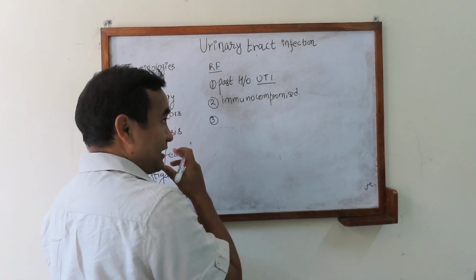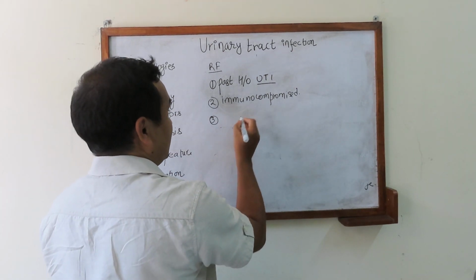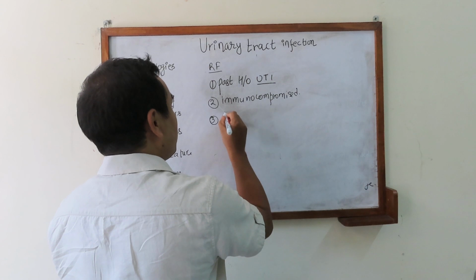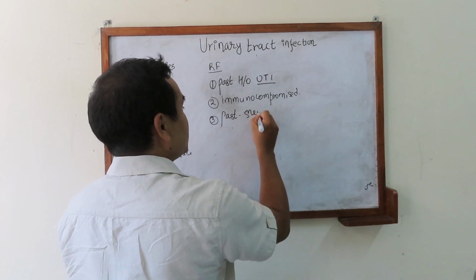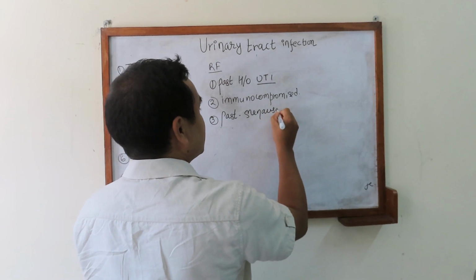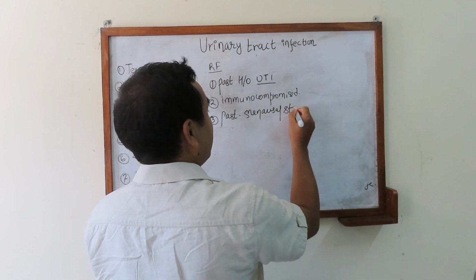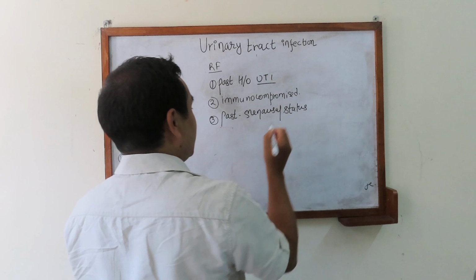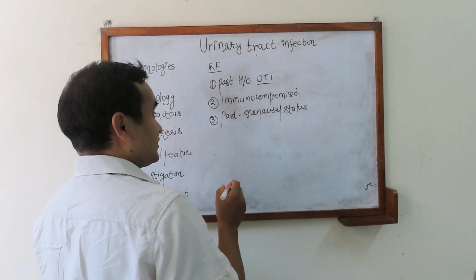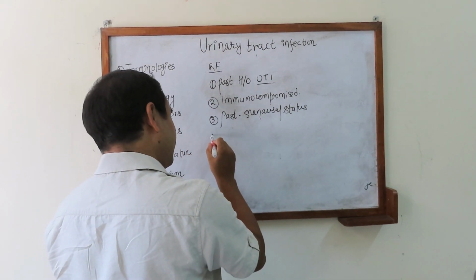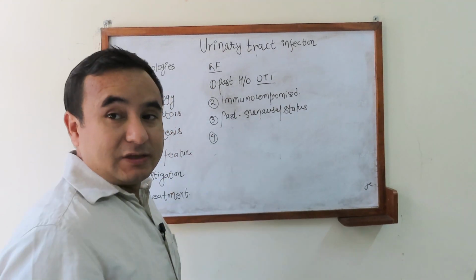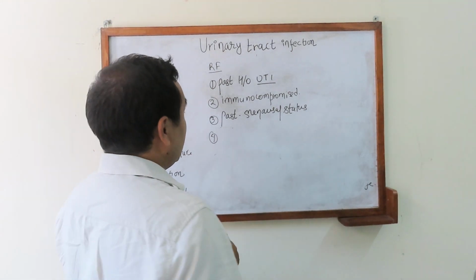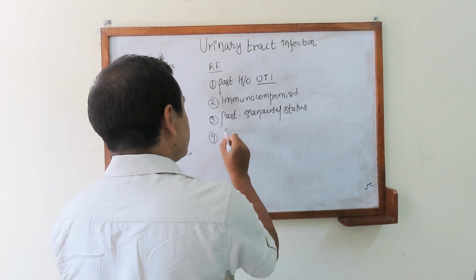Similarly, postmenopausal patients have more risk of UTI because of the dry vagina, which can be frequently colonized with uropathogens. Another important risk factor for UTI is frequent sexual intercourse.